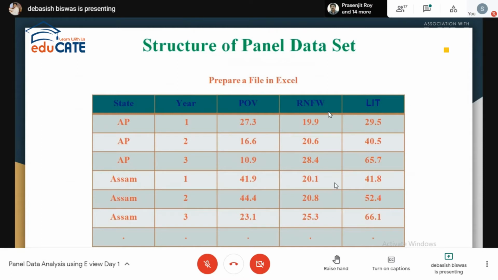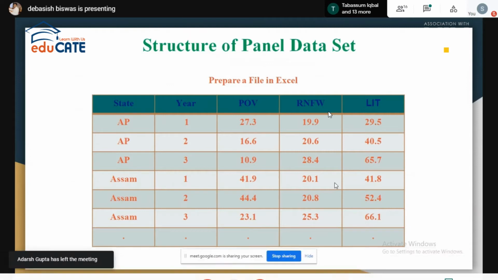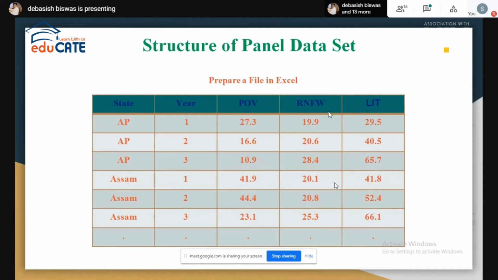And how the Excel file will be imported into the specific software, obviously I will show it. So the first task is you have to prepare your Excel file in a panel data structure. That's why I have written here structure of panel data set.